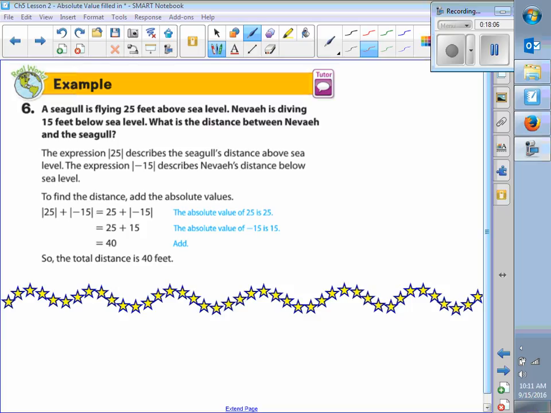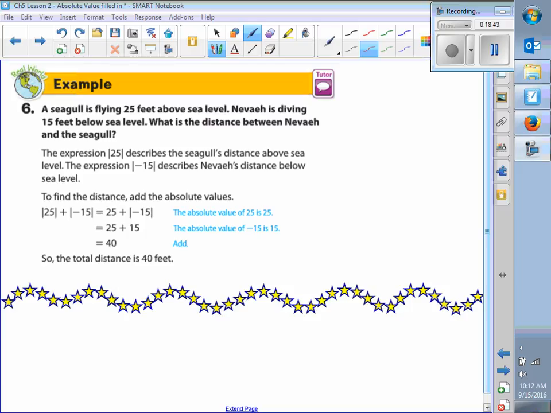What is the distance between Nevea and the seagull? So here, we want to know what is the total distance, right? So, we're going to add the absolute value of Nevea and the seagull, which is the absolute value of 25, plus the distance of the diver.